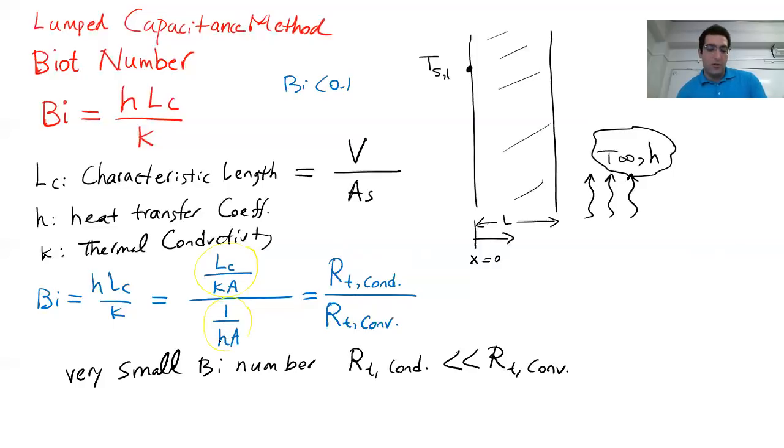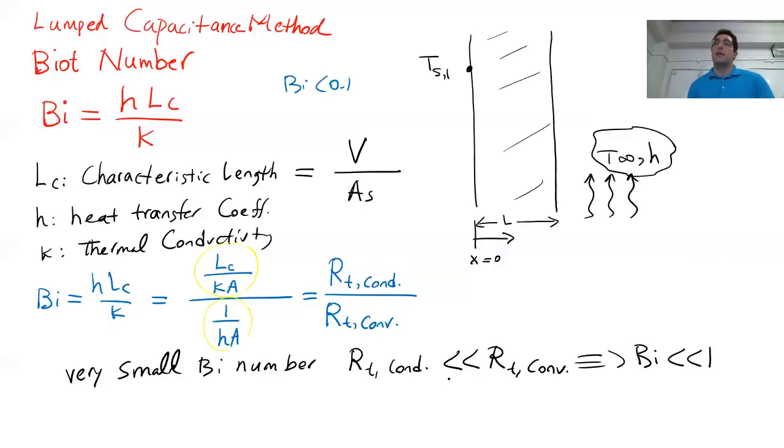When h is low, the resistance by convection is large. So this is the best case to use the lumped capacitance method, and we can say the Biot number is much smaller than 1 because the conduction resistance is much smaller than convection.